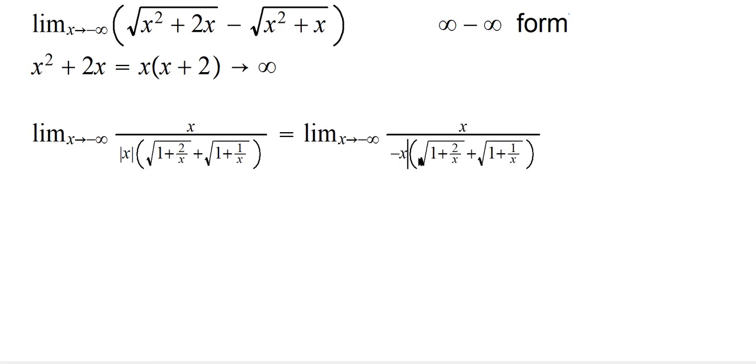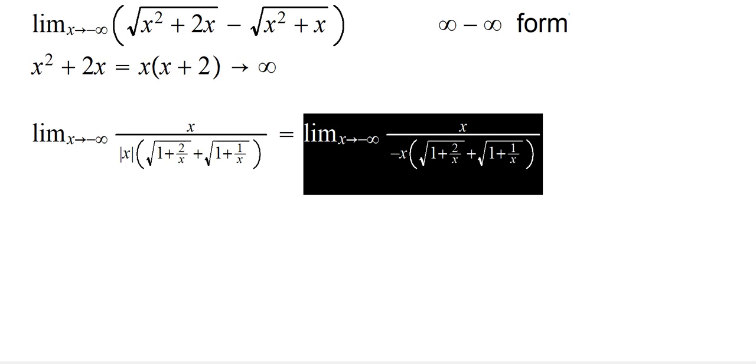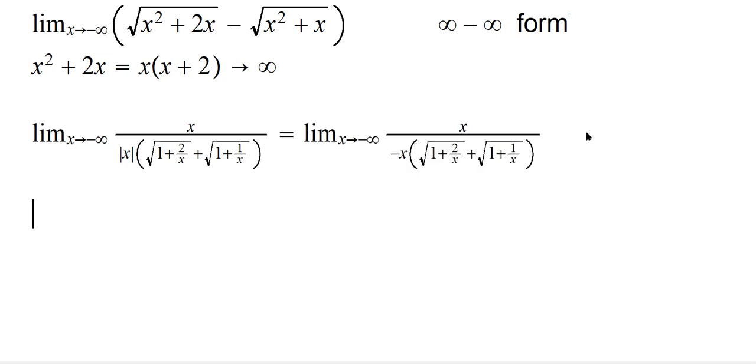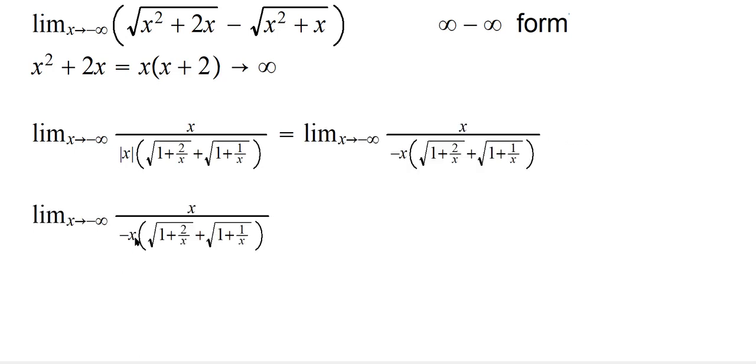That will be simply negative x, right? So this is going to become then, when you cancel the x's, so you have negative signs, right? And even when these guys go to negative infinity, these will go to 0. So our answer here would be what? Instead of positive 1 over 2, we shall simply have negative 1 over 2.